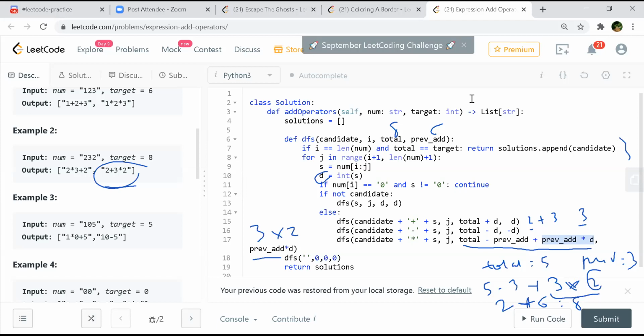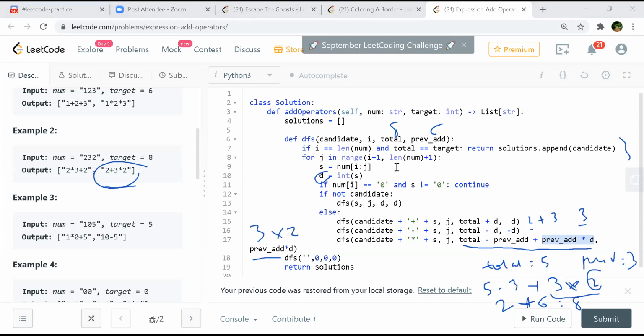We would have passed D or minus D. If it was addition, we passed D; if it was subtraction, it will be minus D. So by doing minus previous add, we effectively remove whatever happened last time, and instead multiply because of the BODMAS or PEMDAS rule, right? This is very tricky and very nice.